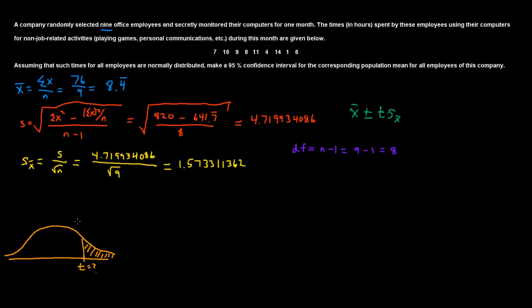When you look up t-values in the back of the book, they're always going to give you the positive t-value that corresponds to a certain amount of area in the right tail. That's a little bit different than the z-chart, but it's not so bad to find.